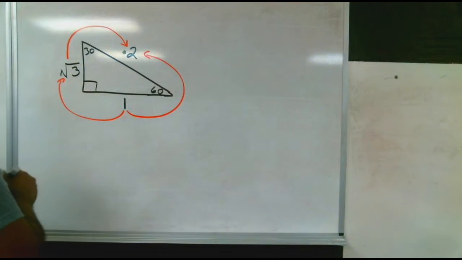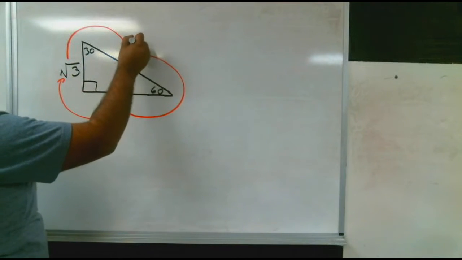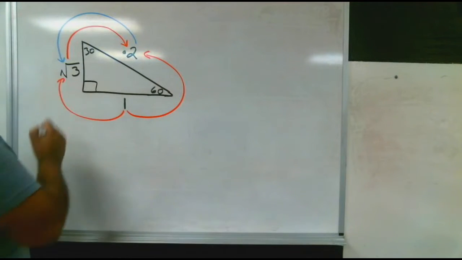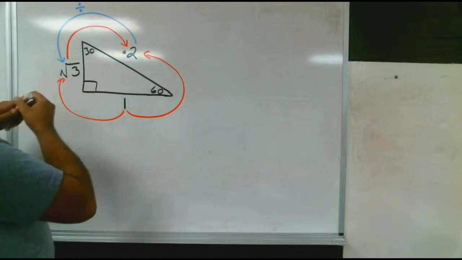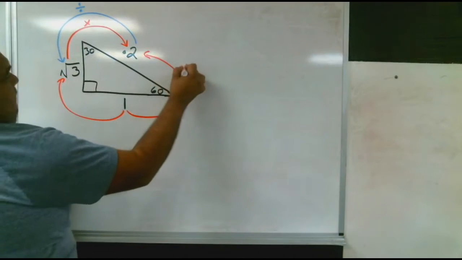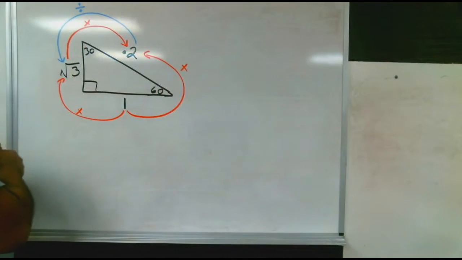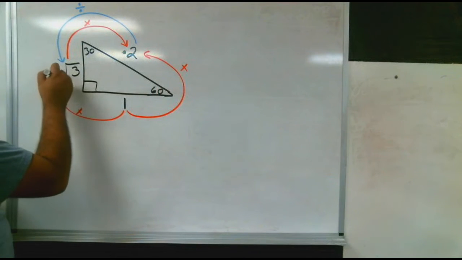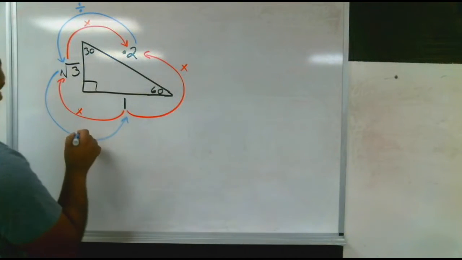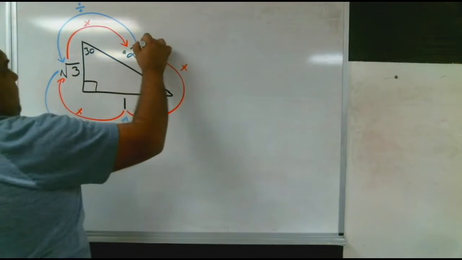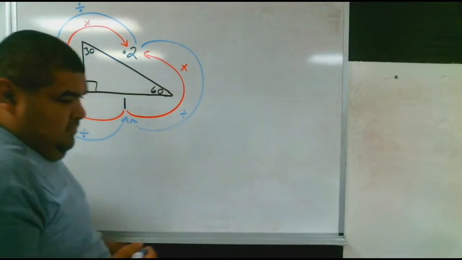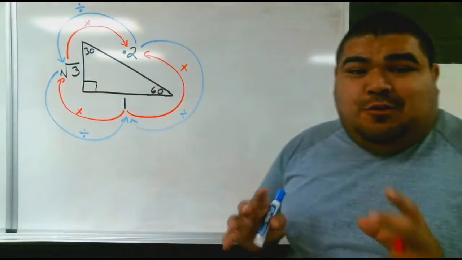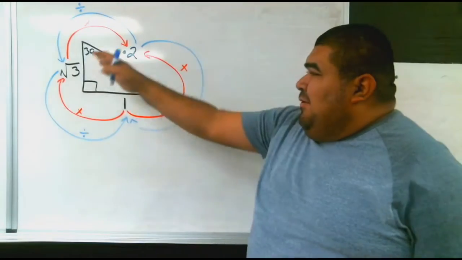When you're going to do the opposite, when you go from 2 to radical of 3, you divide. The red is multiply. When you go from radical of 3 to 1, you divide, and when you go from 2 to 1, you divide. It looks a little complicated with all 3 sides.